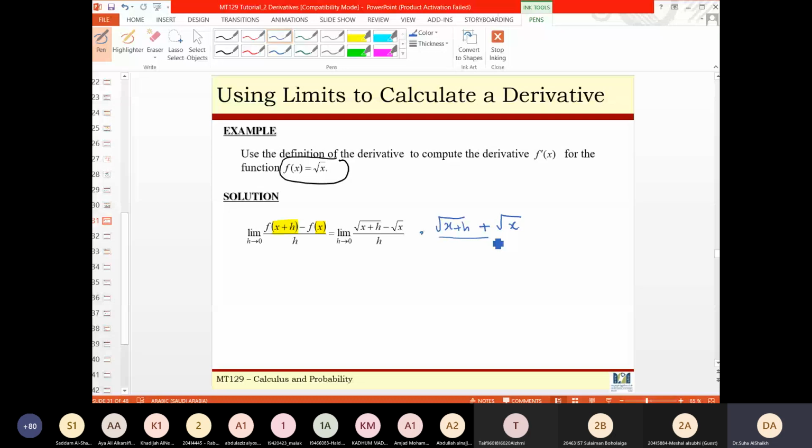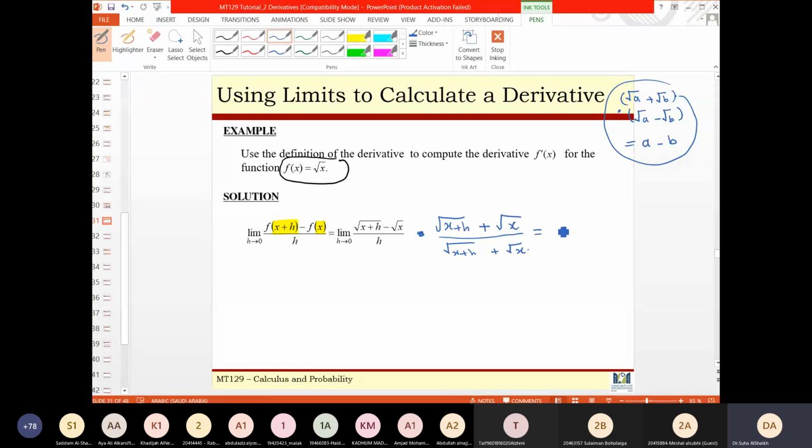Now the good thing about multiplying with the conjugate is the roots will go. If you multiply root of a plus root of b with root of a minus root of b, which is the conjugate, the result is equal to a minus b. The roots go, and the sign is a minus.